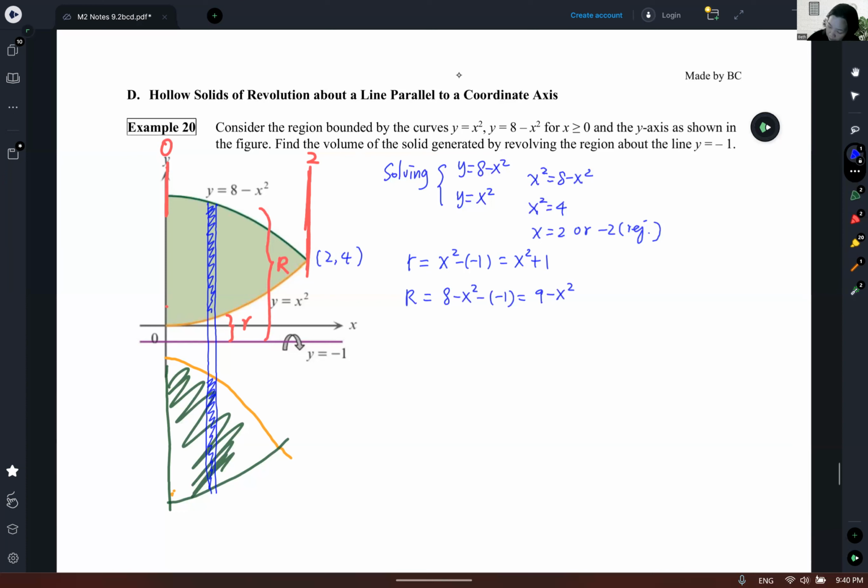Okay, therefore the volume equals pi, big r squared minus small r squared, dx from 0 to 2.